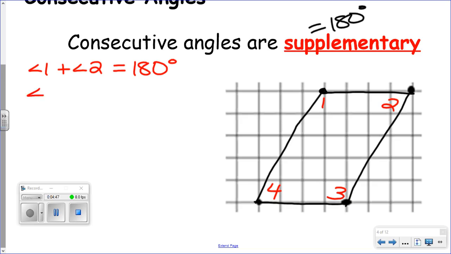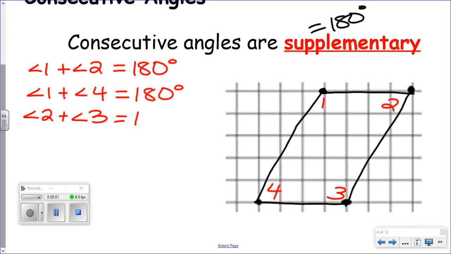But also angle 1 plus angle 4 equal 180 degrees because both of those are also consecutive. And then angle 2 plus angle 3 have to add up to 180 degrees. So 2 and 3 would be consecutive.